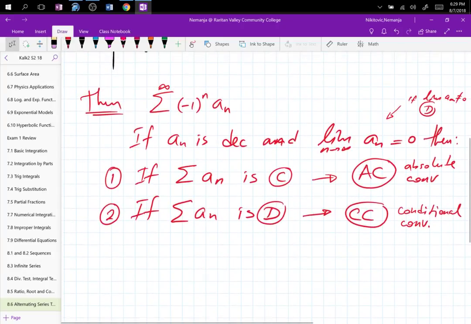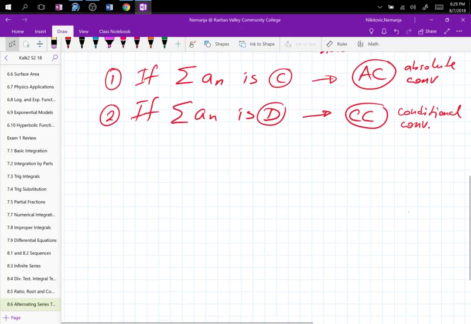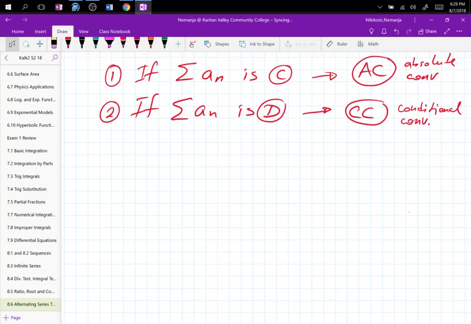Now, it's kind of hard to follow this, so I like to draw a diagram that we follow. We start with looking at the problem, because we need to make sure that our problem is an alternating series problem. So we see -1, and we go from there.